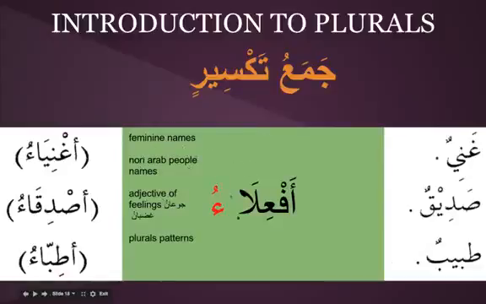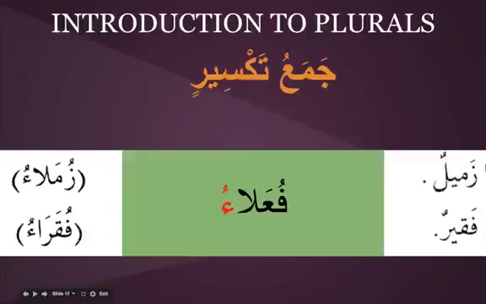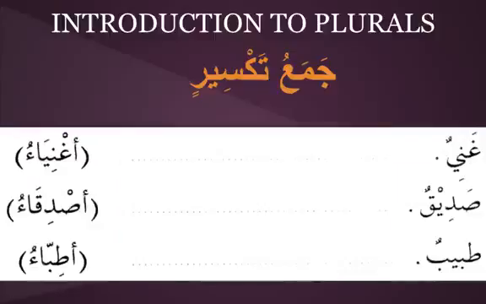So if you see here, again a single dhamma, it's mamnu' min as-sarf. And what are the things you've learned in mamnu' min as-sarf, or diptotes? Feminine names, so they don't take kasra. This combination af'ila'u and fu'ala'u, they are diptotes, they don't take kasra.